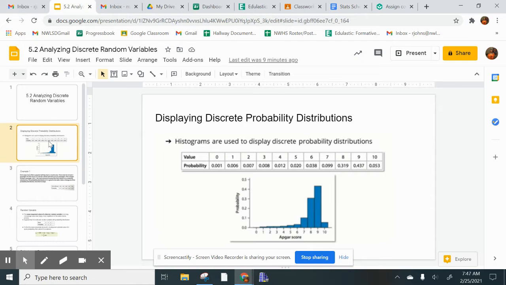So first thing, we're going to look at displaying discrete probability distributions. We'll be doing a lot of histograms with this. Notice here in this histogram that we have probability on the left side, the score is down below, and all you had to do was basically graph each probability for each value, okay?